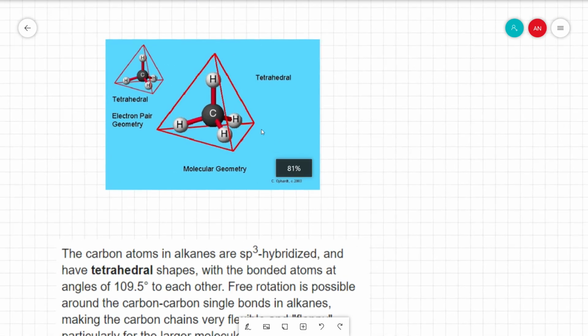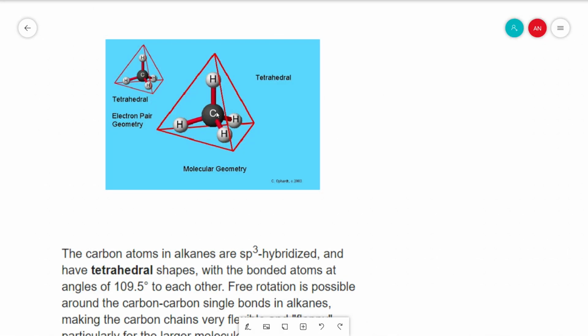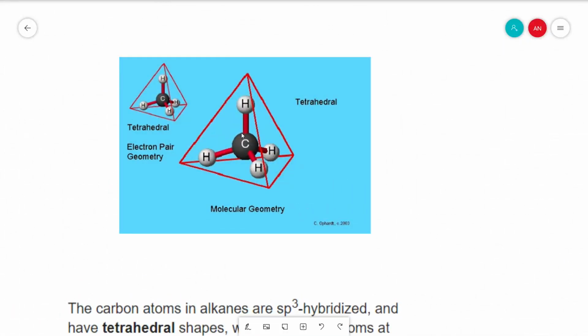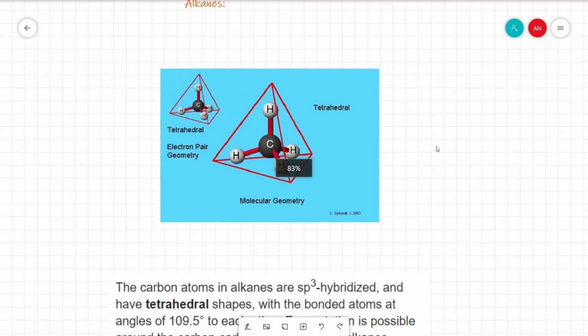The simplest compound here is methane, as it has only one carbon and 4 hydrogens attached to it. But what if the number of carbons increases? Will its geometry still be tetrahedral or will it change? Yes, it will change. The tetrahedral shape will change into a 3D structure as the number of carbons increases. But that's not our topic, that's complex.